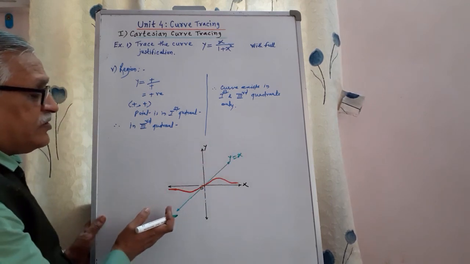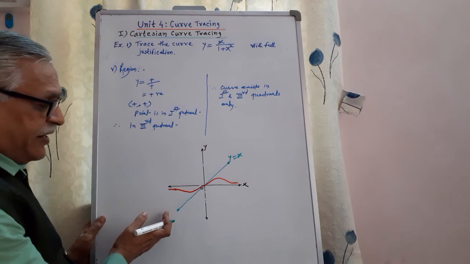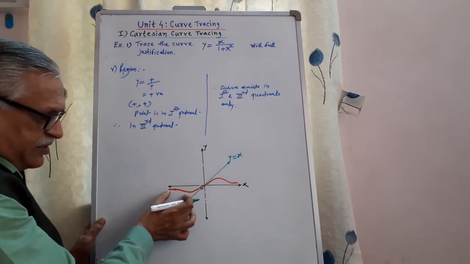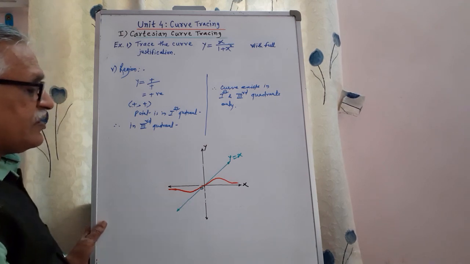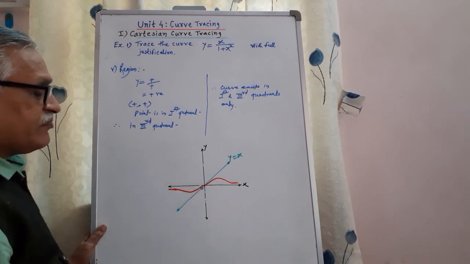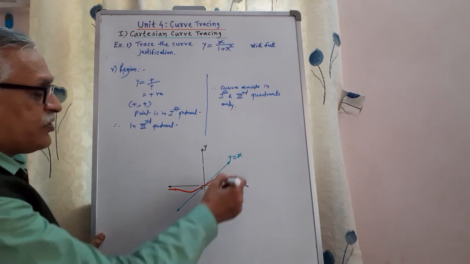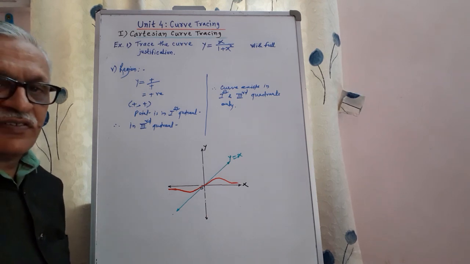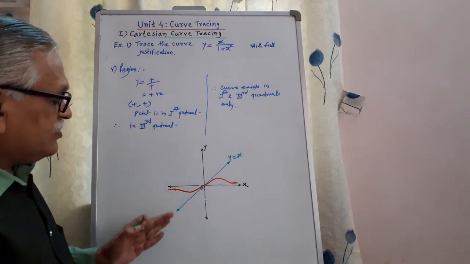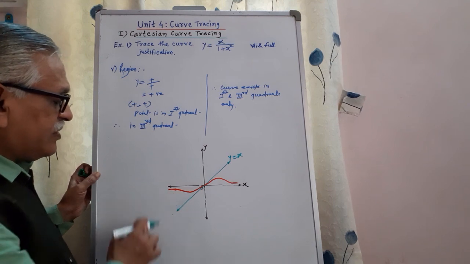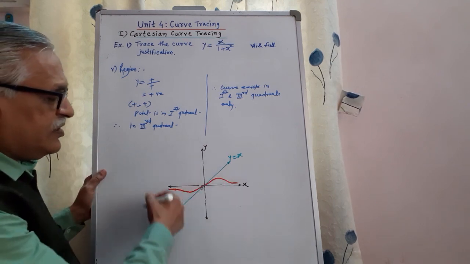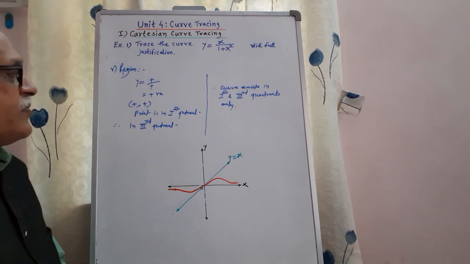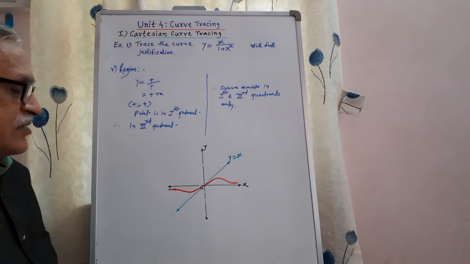It is symmetrical about this line, means whatever this part we have, a symmetrical part in third quadrant, passing through origin, and at origin this line is a tangent. Therefore, whatever the points I have discussed, I have shown all in the figure. Therefore, this is the required curve, required tracing of that curve.